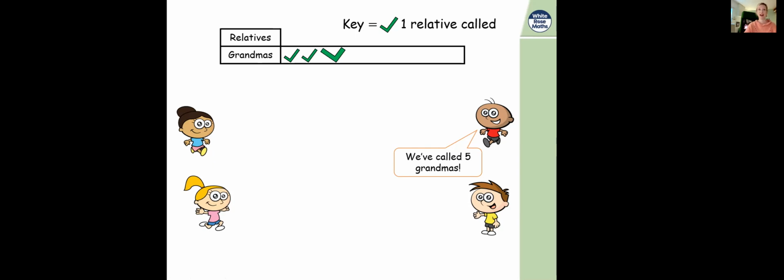We've got to be very careful when we're drawing out our pictograms that every single picture is the same and not crazy. You've got to use good concentration. Let's get rid of that crazy one and make sure that it looks exactly like all the other ticks. 1, 2, 3, 4, 5. There we go.